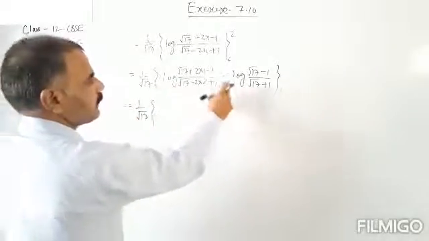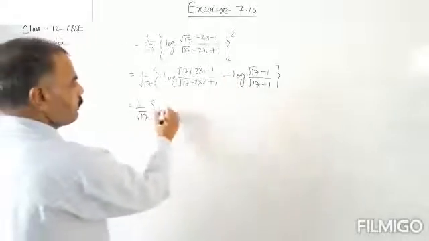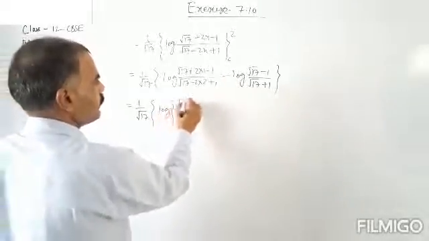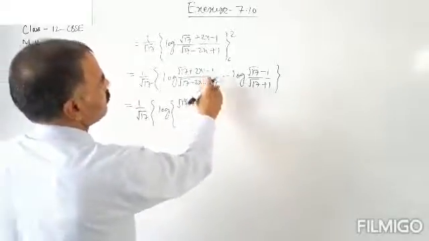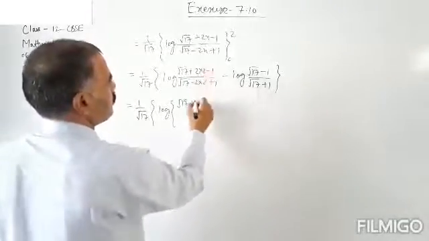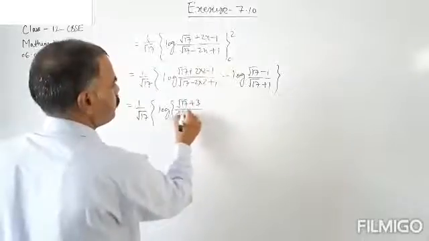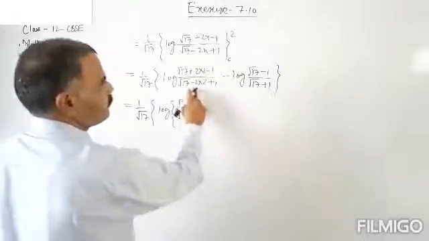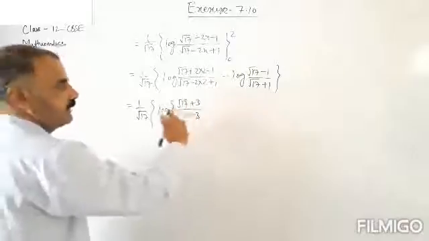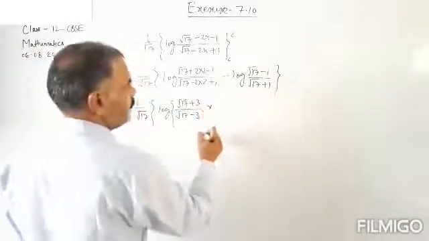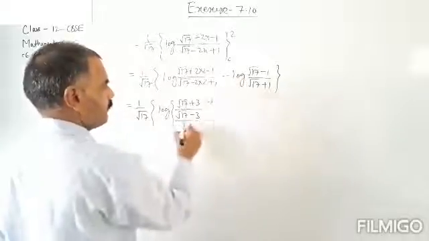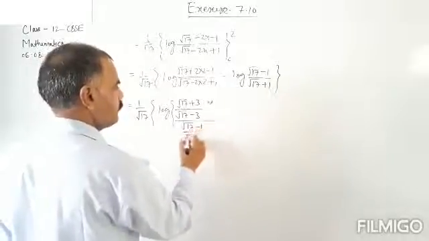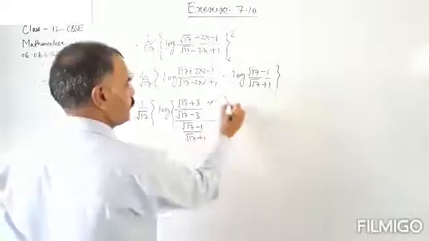Log m minus log n is equal to log m upon n. So log m, that is (under root 17 plus 2 into 2, which is 4, minus 1, that is 3) upon (under root 17 minus 3), divided by (under root 17 minus 1) upon (under root 17 plus 1).